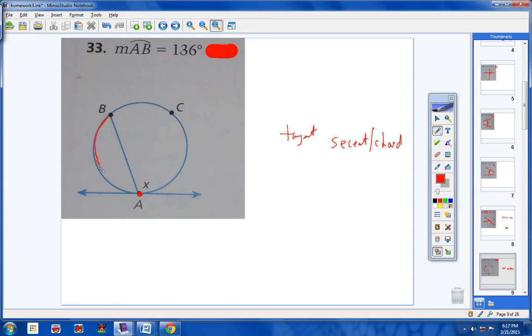For example, this arc right here is going to be twice as big as this angle formed from this line to this line. So we're trying to find the measure of this angle.